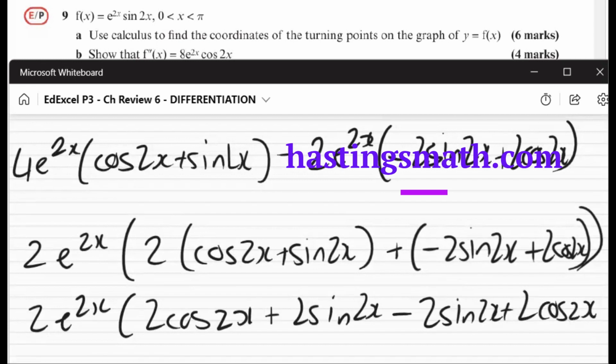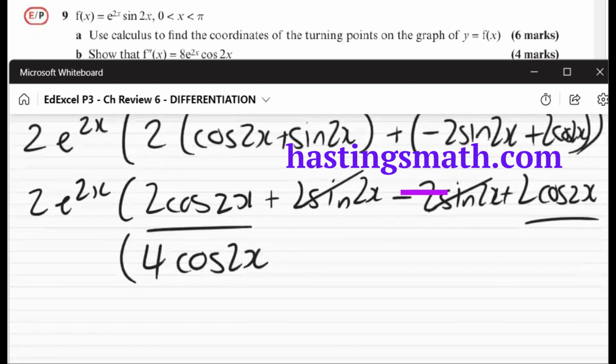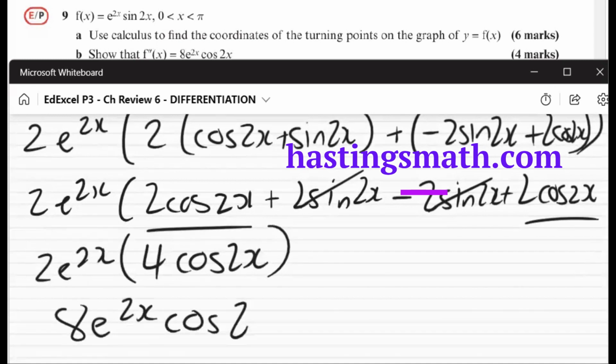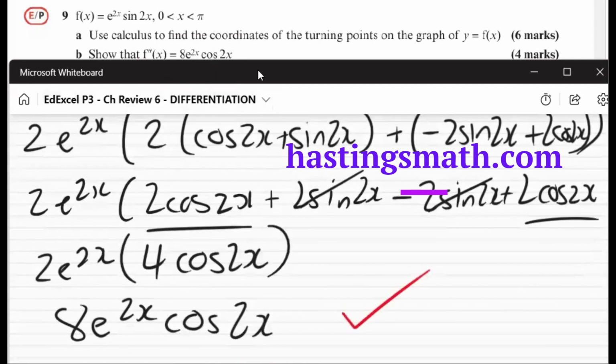So the plus sine 2x and minus sine 2x cancel out, and we have 4 cos 2x left over times by 2 e to the 2x. Okay, so 2 times 4 is just 8. And that gets us to our required answer. Good. So that's simplified. That's number B.